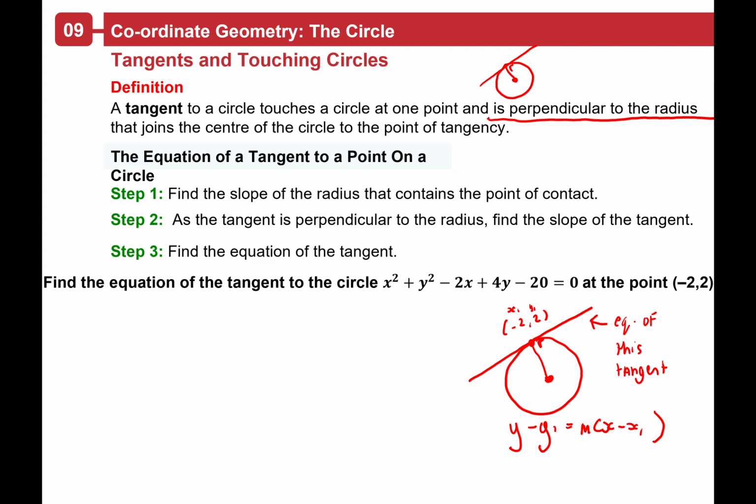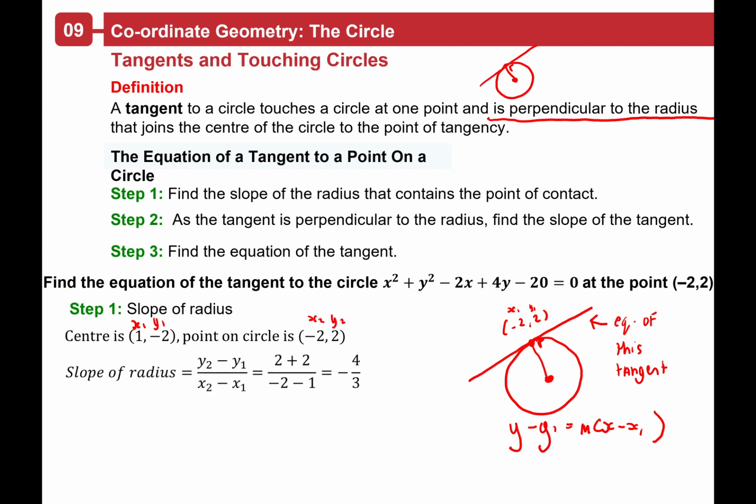So step one, we're going to find the slope of the radius that contains the point of contact. To find the slope of the radius, we write down our 2 points. The slope of the radius is given by the point x1, y1, which is the center, and the point that's on your circle, call that x2, y2.